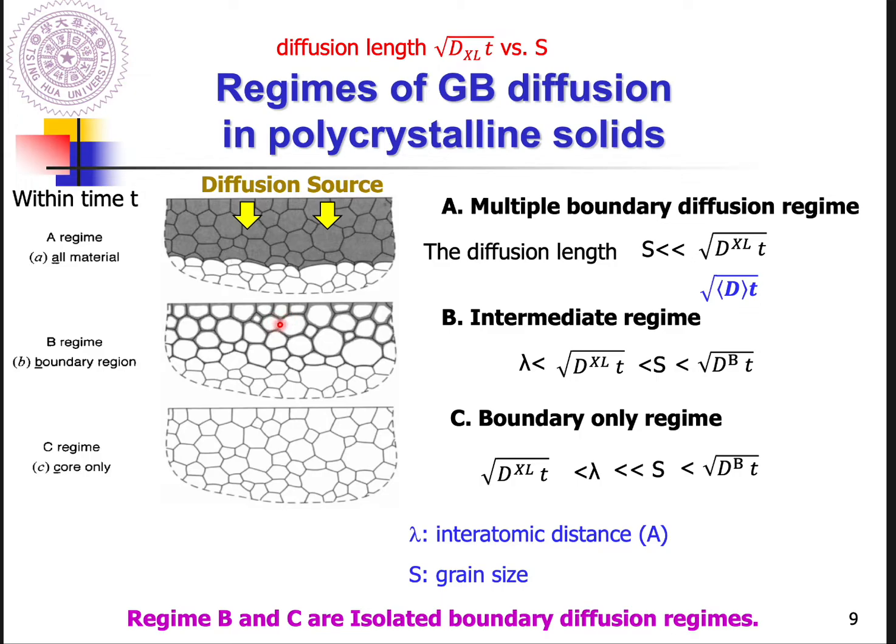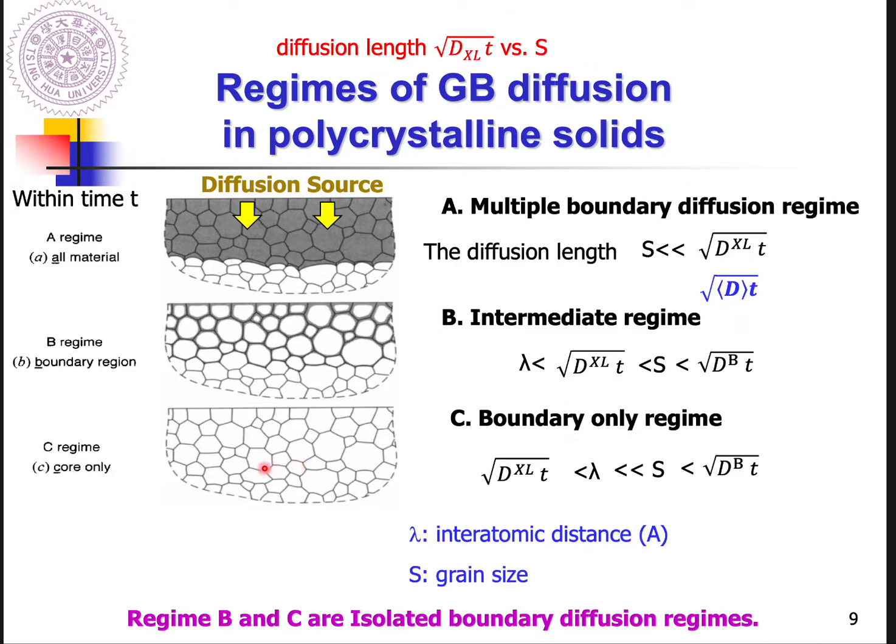So you can observe this gray, thicker region in this boundary region, and we call this the intermediate region. The characteristic for this region is that the diffusion length along the grain boundary is larger than the diameter of a grain, and the diffusion length inside the grain is smaller than S, but larger than lambda. Lambda is the interatomic distance, on the angstrom order.